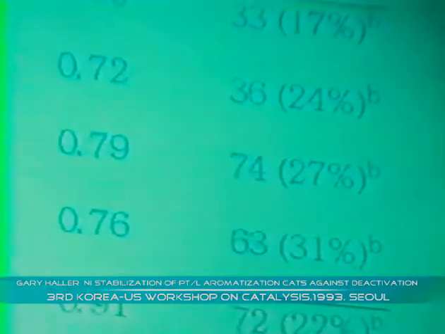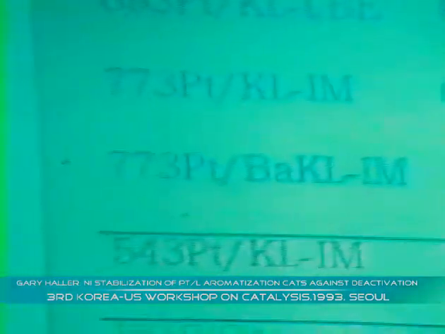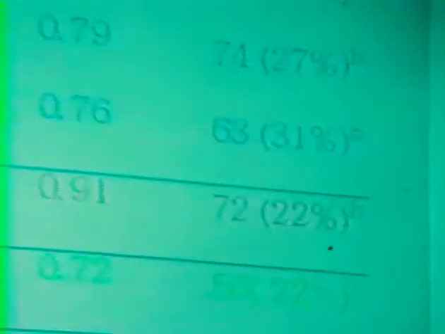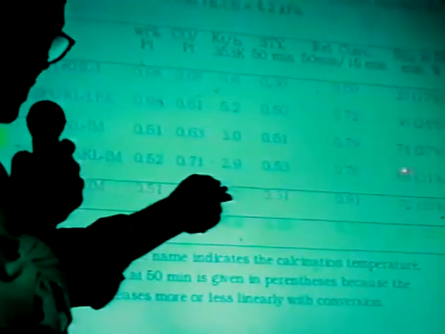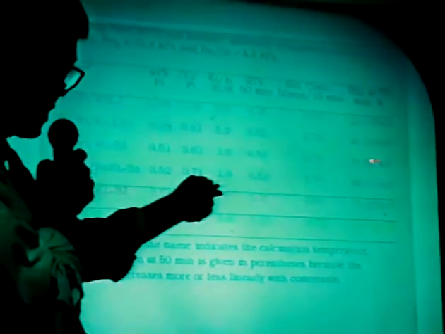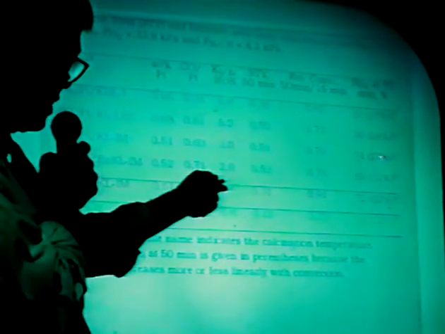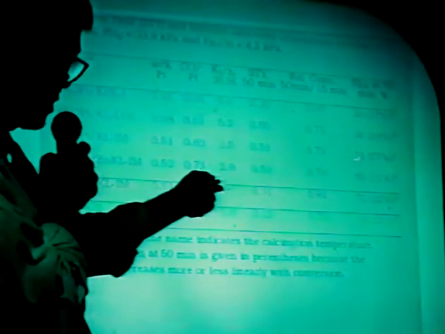Unlike a conventional reforming catalyst, where you're usually limited by the acidity and so putting in more acidity improves the selectivity, putting more acidity into these catalysts actually degrades the selectivity, at least for the aromatization reaction. These should be compared at the same conversion, because the reaction is very dependent on conversion. I've indicated the conversion in parentheses here. They're not the same, but they're of the same order of magnitude.